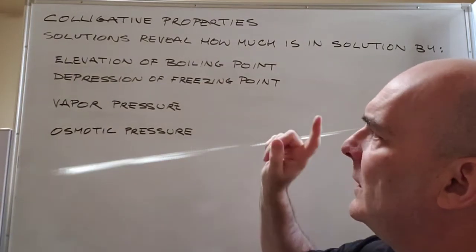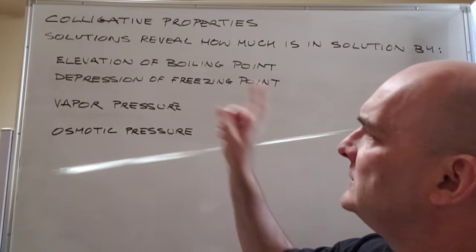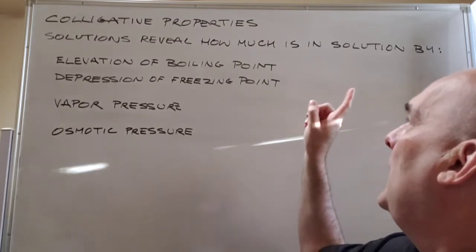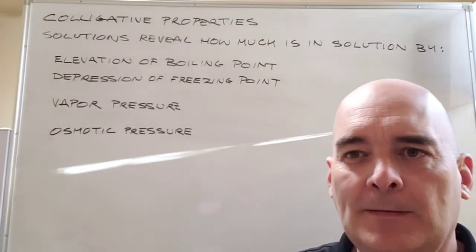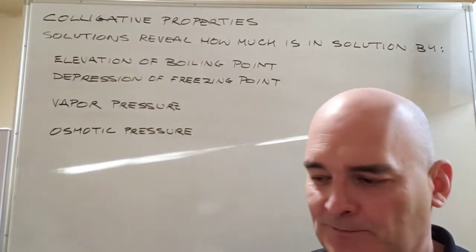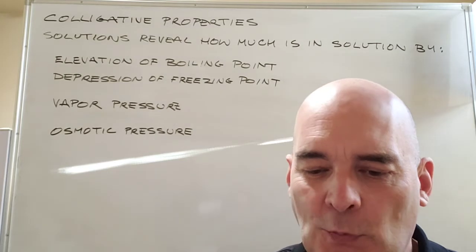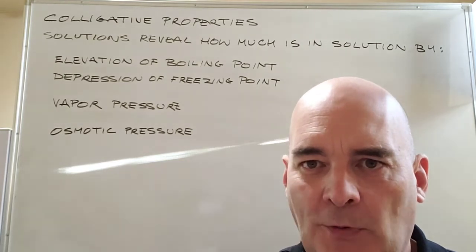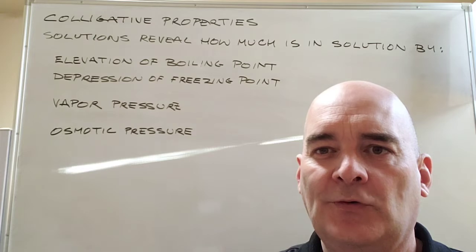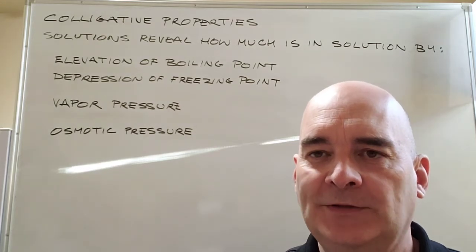The colligative properties, let's see what the solutions reveal about how much they're holding in solution. Okay, so we know that adding salt to water elevates its boiling point and depresses its freezing point.